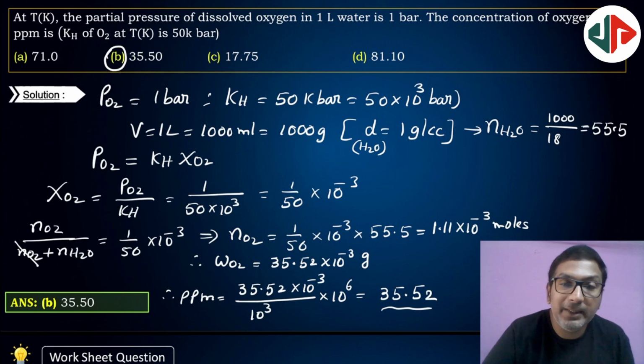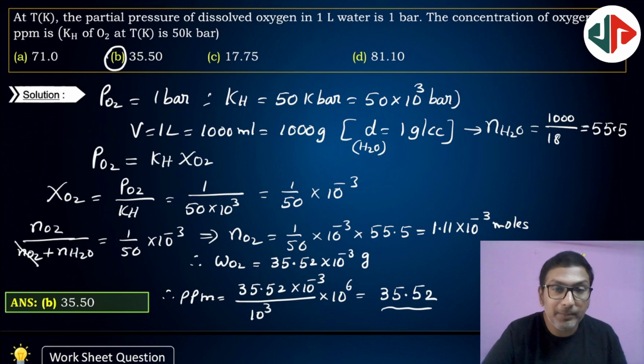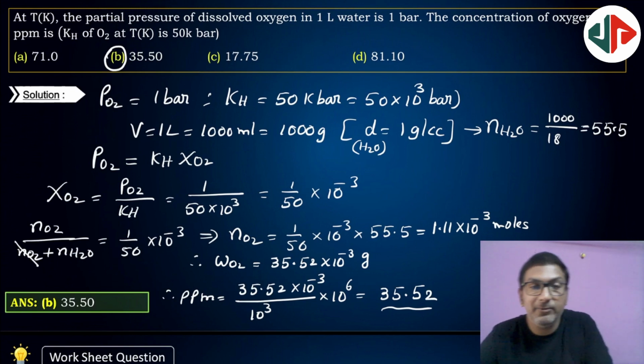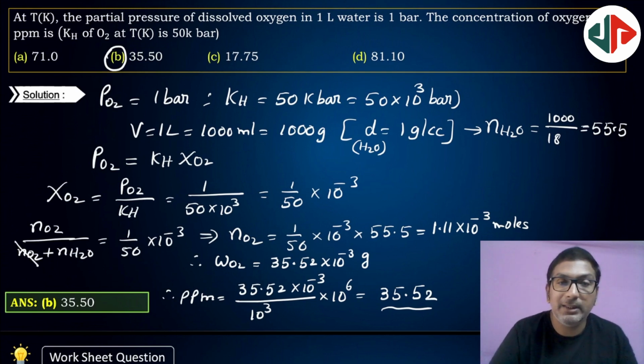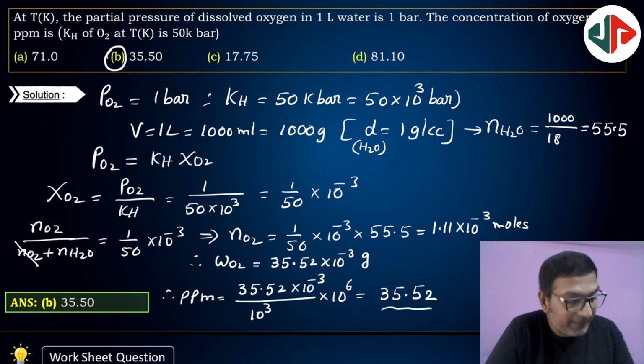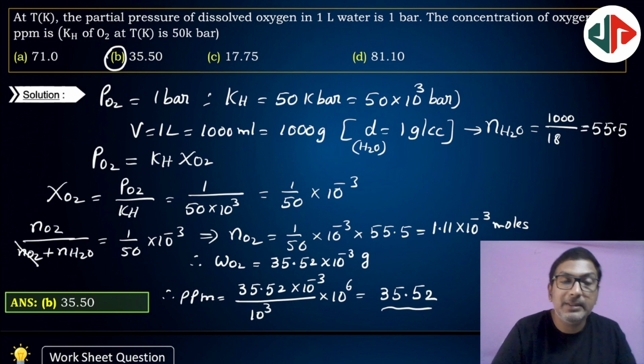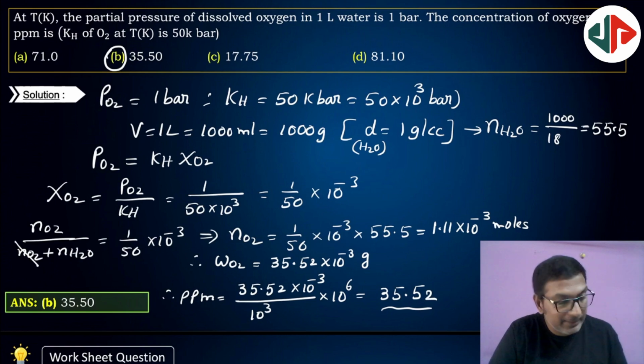Therefore weight of O2 is 35.52 into 10 power minus 3 grams. Therefore ppm is equal to weight of oxygen by weight of solution, weight of solution 1000 grams, 10 cube, into 10 power 6, 35.52. Therefore option B. So this one is correct. We have to convert moles into weight.